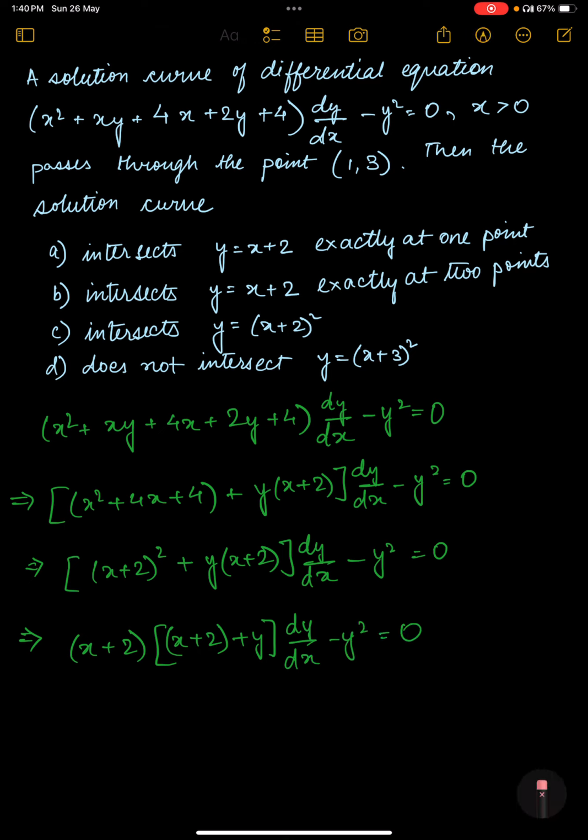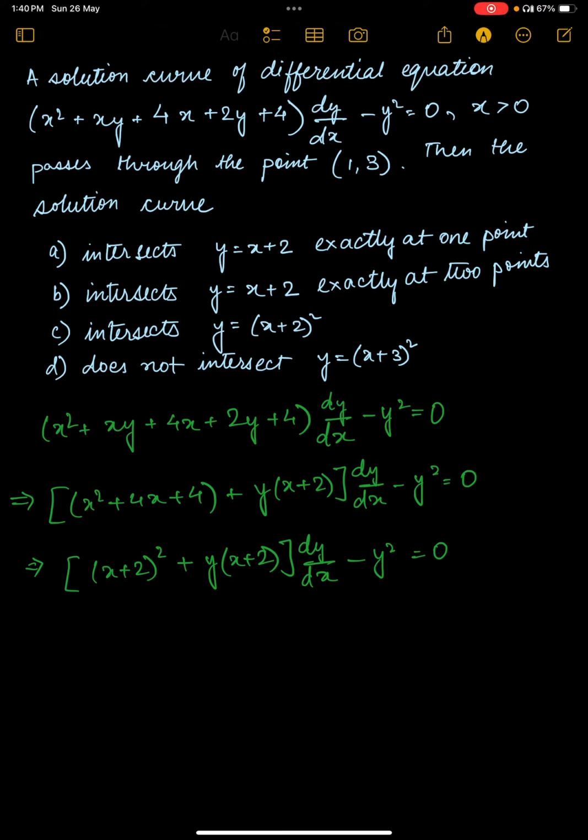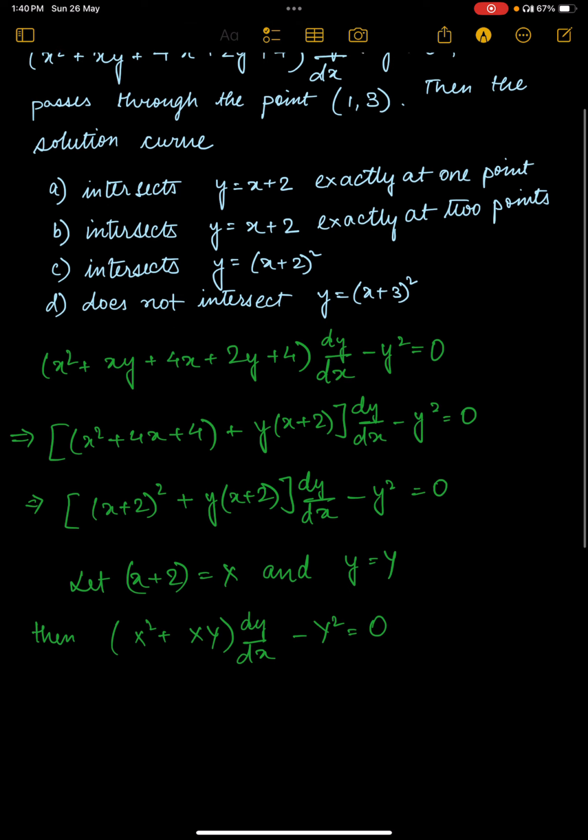Or maybe what we can do is, let x plus 2 be equal to capital X and y is equal to capital Y. So I'm defining new variables now, and then my equation will look like something like this: X squared plus XY into dY dX minus capital Y square is equal to 0.